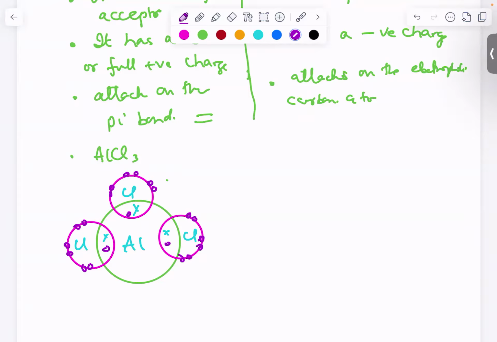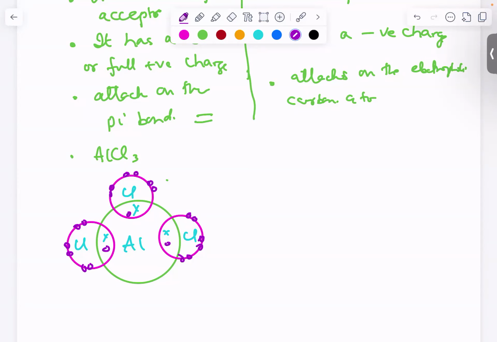Now it's there right in front of you. Can you make a correct guess? I'm telling you it's an electrophile, but I'm asking why it is an electrophile. What makes it an electrophile?